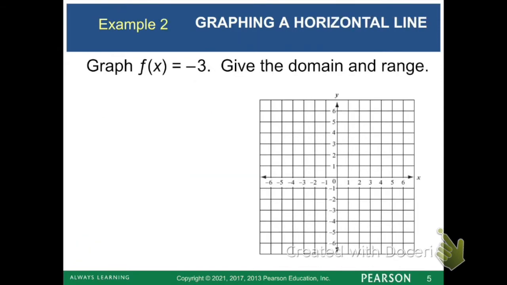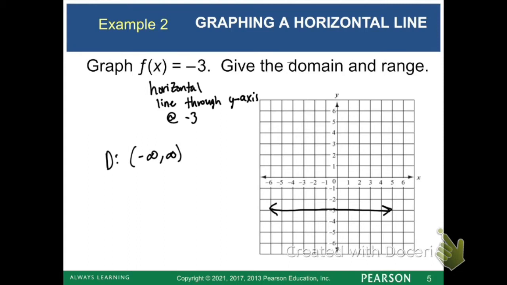Example 2, we're going to graph f of x equals negative 3 and give the domain and range. This is going to be a constant function. So anytime I have f of x equals just a number, we need to know that that's a horizontal line. And it goes through the y-axis at whatever number.